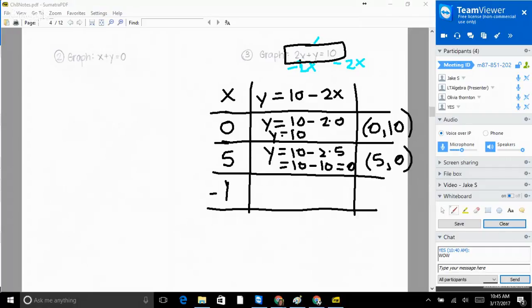X equals -1. So that means y equals 10 minus 2 times -1. So it's basically -2 times -1, right?